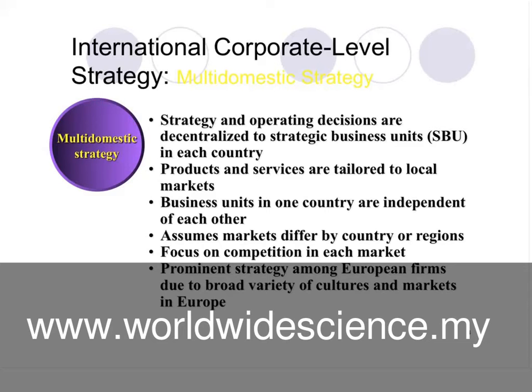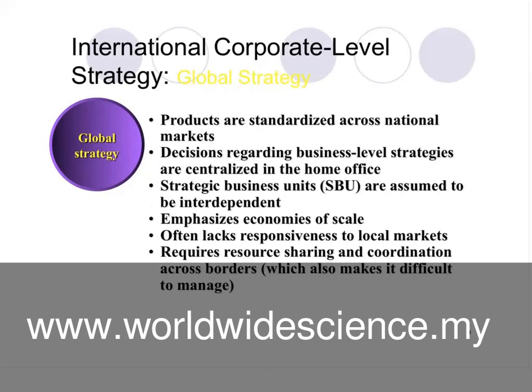Okay, international corporate level strategy. So now we are talking about the global one. As we discussed, your products are standardized in this version. So instead of not standardizing, you have one unique type, which is standardized all around the world, wherever you go.